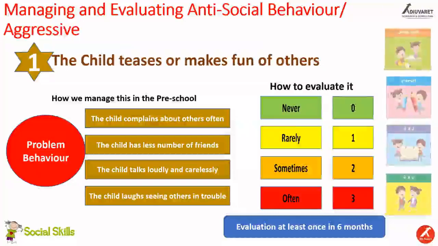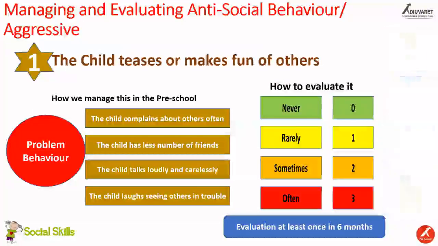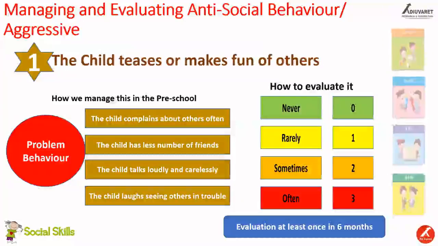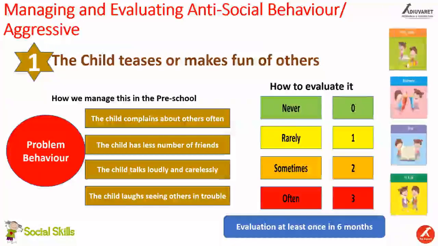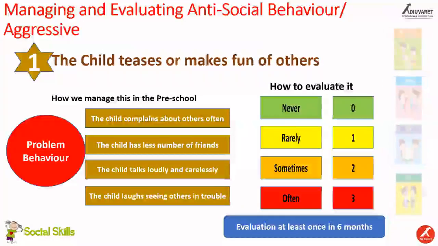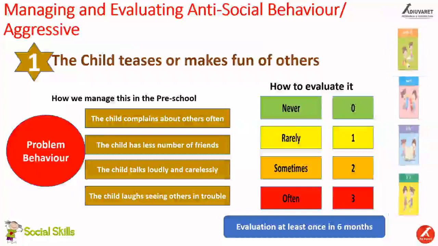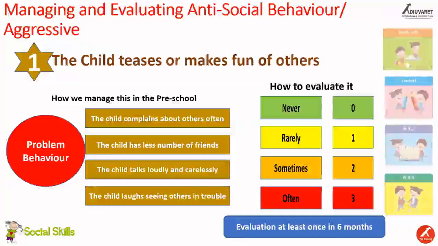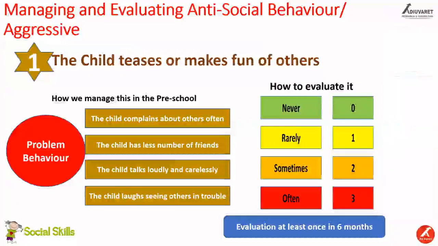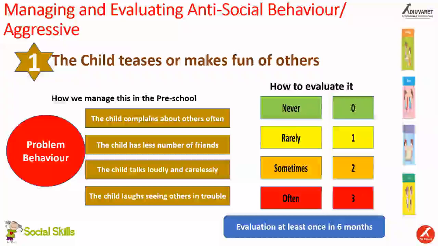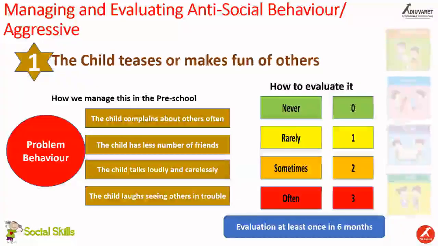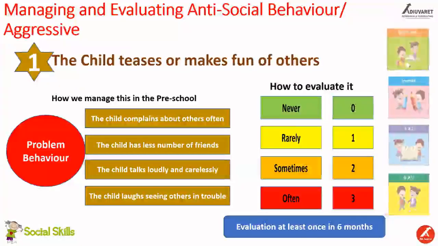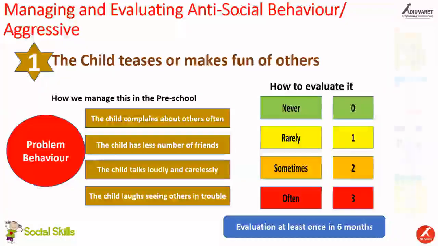Then the child talks loudly and carelessly. If such a thing happens, as we have already discussed, it may lead to the antisocial behavior of teasing others. If a child never talks loudly or carelessly, we give a score of 0. If the child very often talks carelessly and loudly, roughly, we give a score of 3. And finally, the child laughs seeing others in trouble.